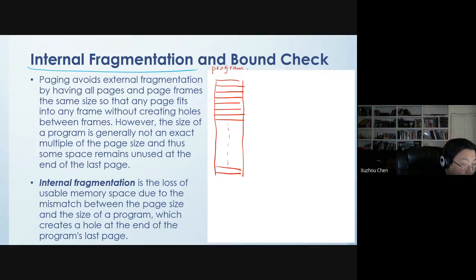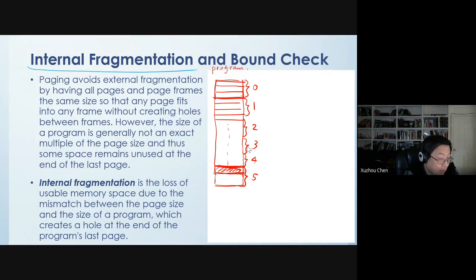So I can say this is page 0, page 1, page 2, page 3, page 4, and then I have a small number of instructions left. If I allocate another page, page 5, page 5 is bigger than the remaining code. But I still need to allocate page 5 for that space, because a page is the building block for memory management if we use paging.